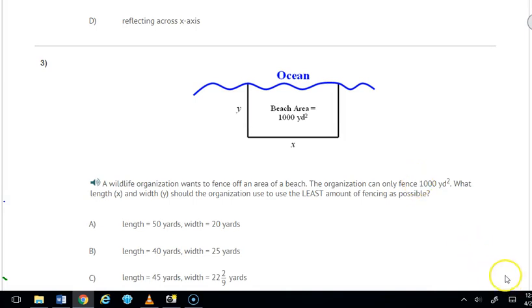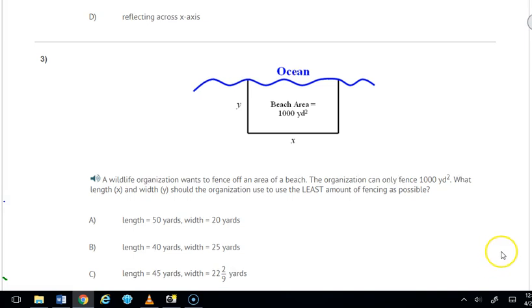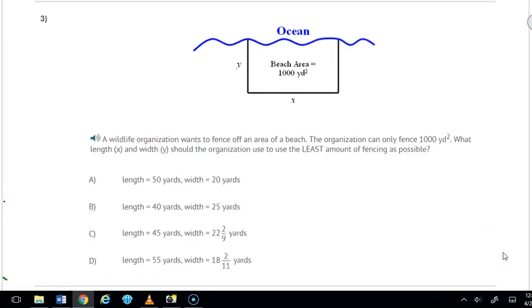Now this next problem, number 3, is asking us, a wildlife organization wants to fence off an area of the beach. The organization can only fence 1,000 yards squared. What length X and width Y should the organization use to use the least amount of fencing as possible? So on this one, we need to look at an equation.